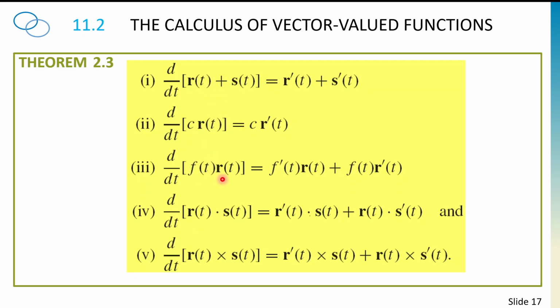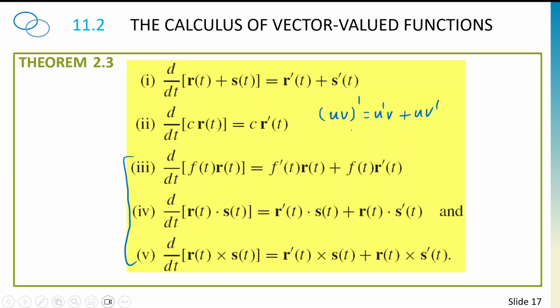If I have multiplication, there are three cases: a scalar function f of t times a vector valued function, the dot product of two vector valued functions, or the cross product of two vector valued functions. It always reminds you of the product rule: the derivative of u v equals u prime v plus u v prime. All three of these should remind you of this rule.